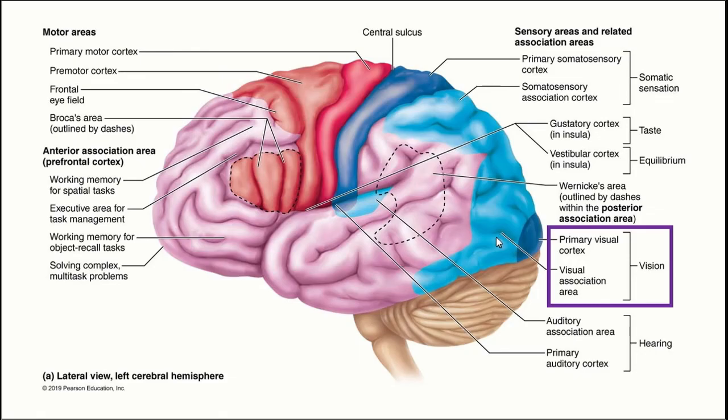The visual association area actually covers most of the occipital lobe. This, like other association areas, uses past experiences, in this case past visual experiences, to interpret visual stimuli and give those stimuli meaning. So color, form, shape, movement of the object, and things like that. So it allows us to recognize objects from looking at them.